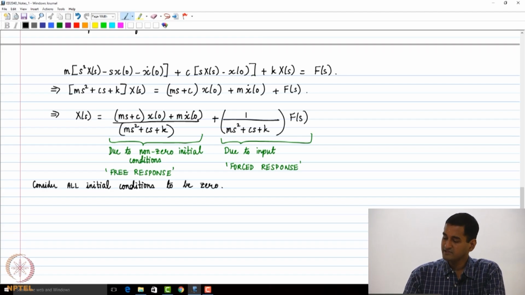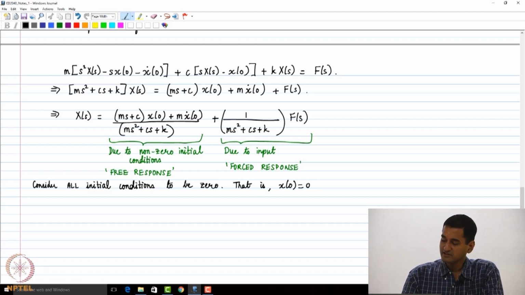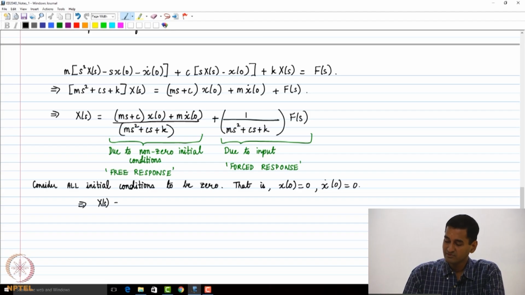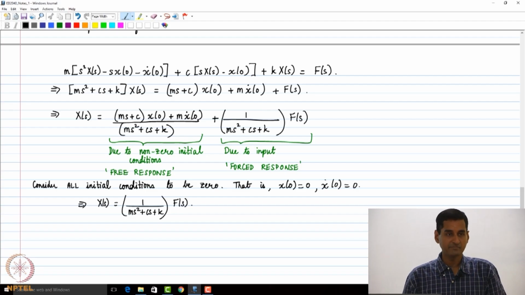Then what happens in this case? x0 will then be 0, x dot 0 will be equal to 0. Then what would happen to capital X of s? We would essentially have the expression as 1 divided by ms squared plus cs plus k times capital F of s, okay?